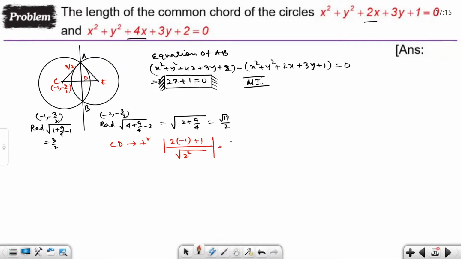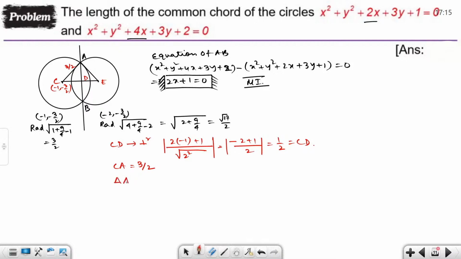So that gives us, so it is coming to half. Okay. So what is the length of CD? This is half. How I got? Simply find out the perpendicular distance from C on the line AB. That's it. And we are having CA is 3 over 2 because it is the radius of that circle.